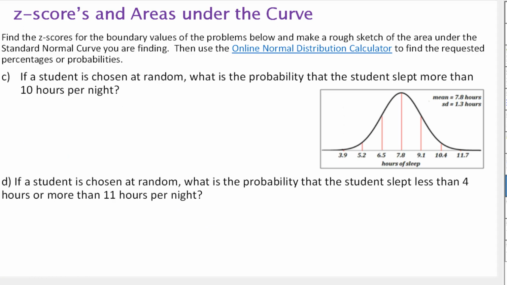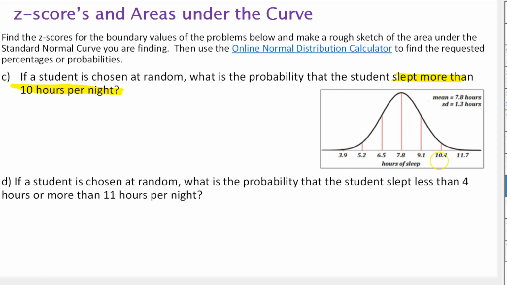Let's look at the next one. So this is going to be phrased a little bit differently, but we're still going to compute in the same way. It says, if a student is chosen at random, what is the probability that the student slept more than 10 hours per night? Okay. So this curve is also a probability distribution. It has an area of 1 or 100%.